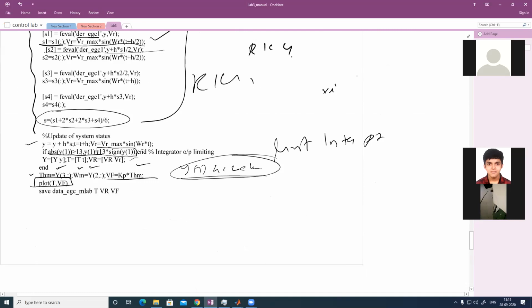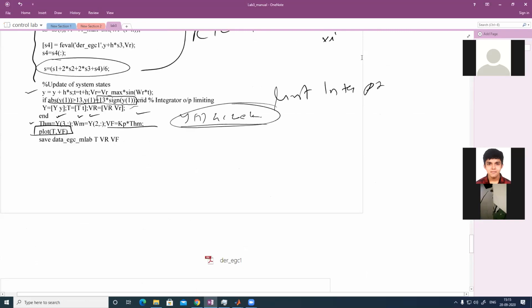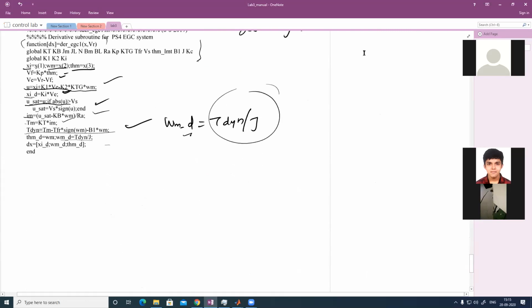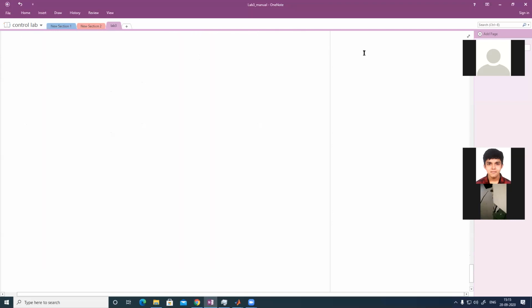If these values are exactly equal, then we have converted the Simulink file directly to MATLAB. So you are converting it to the MATLAB equivalent of the Simulink file. That is done with this exercise.